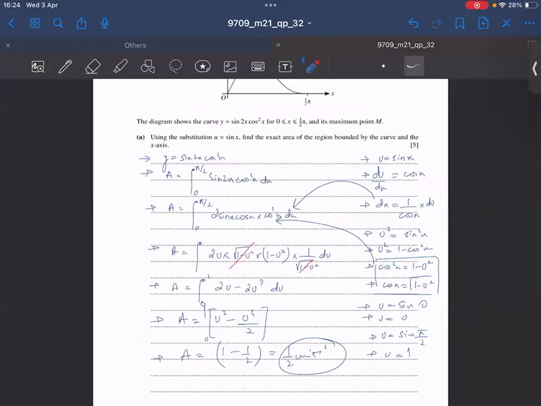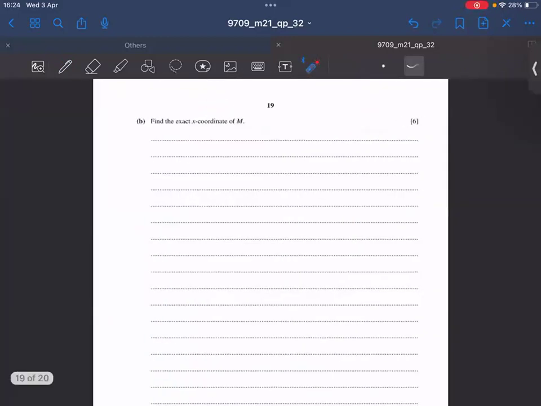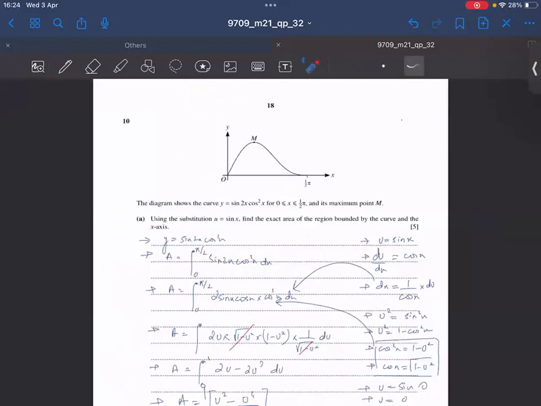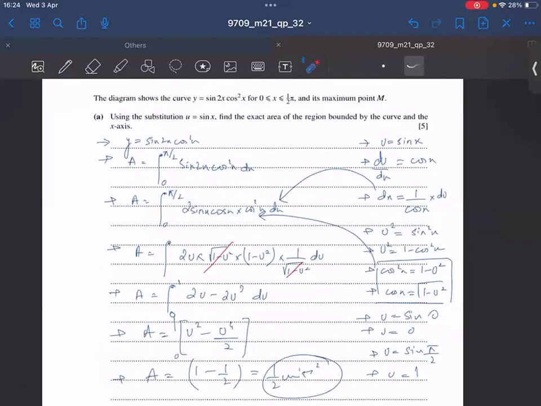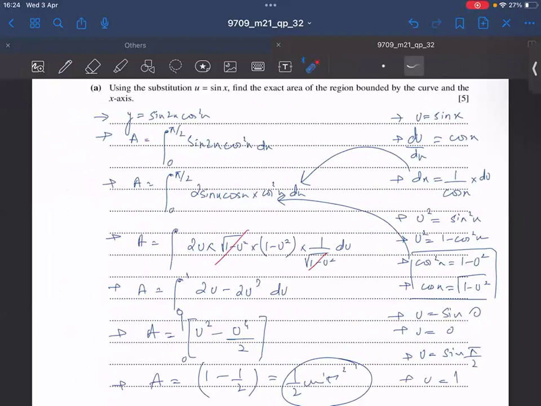Yes, sir. Clear. Siman, is it clear or not? Sir, can you show the working? Yeah. Can you verify the answer, Mr. Bilal Ahmed? Okay, sir. Answer is half.